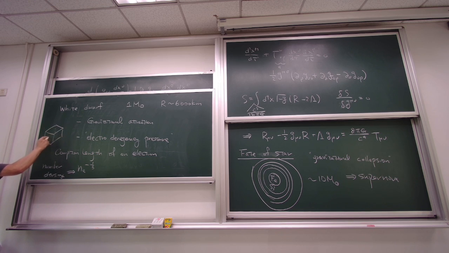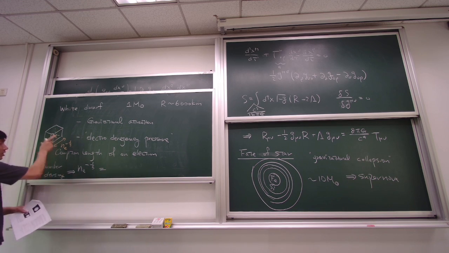If you have a cube, there is one electron here, one electron here, and the length is roughly n_e^(-1/3). If you make a cube, you have the volume of roughly one electron. So 1 over n_e is the volume of the space that one electron can take, and this can be understood as the quantum length.